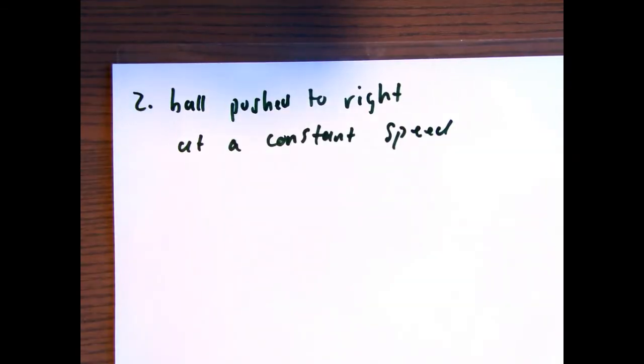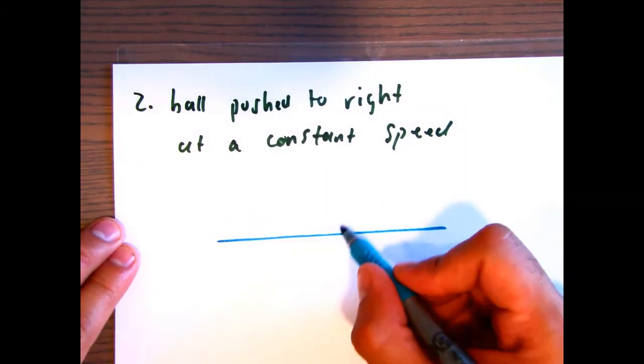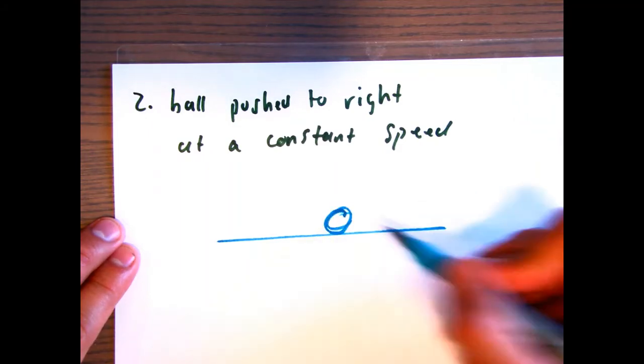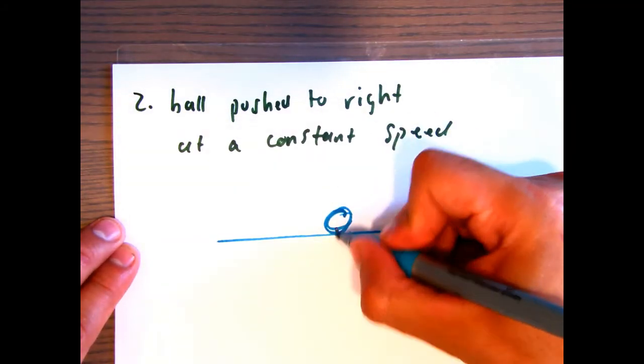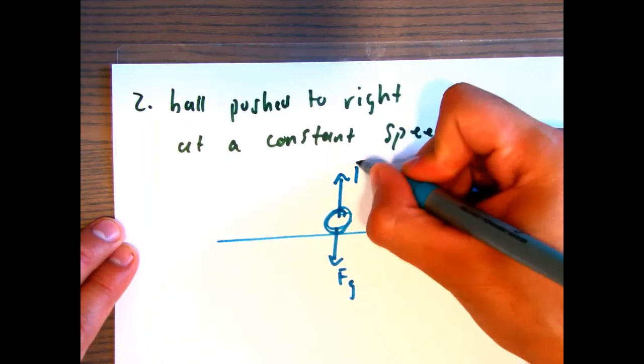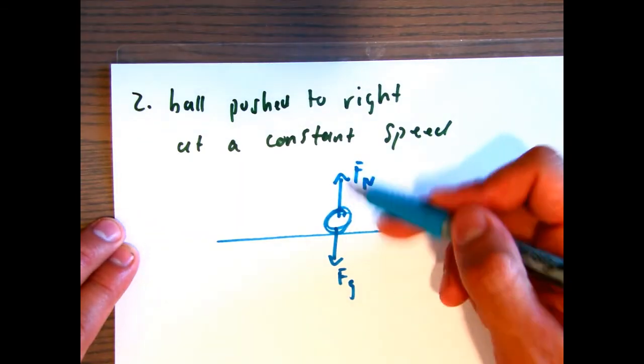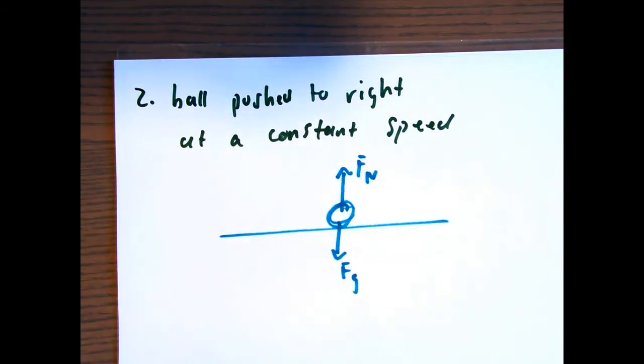Okay, so obviously, let's assume that this ball is on some type of surface, right? So we have a ball, it's touching the surface, it's still going to have gravity, that doesn't change, F of G, and then it's still going to have a normal force, which is the force due to this surface here, pushing the ball up, right? And they're in equal amounts because they're balanced. The ball's not going through the floor.